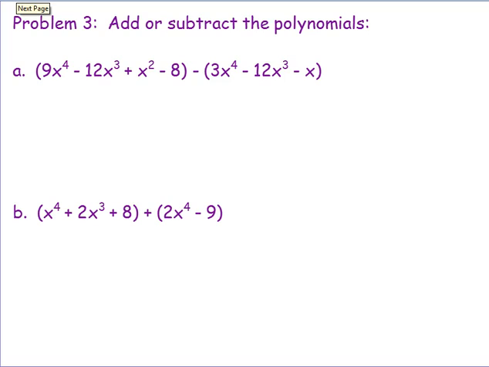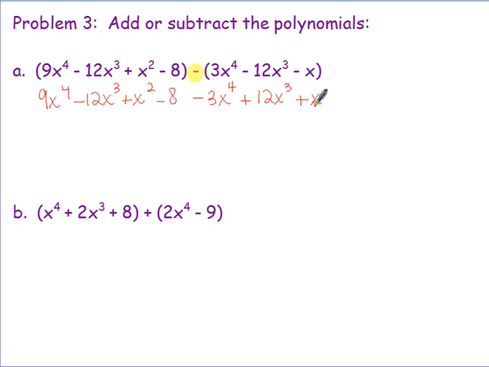So let's see how you did. First problem was a subtracting problem, so keep this one the same, do the opposite of these. So negative 3x squared, x to the fourth, plus 12x to the third, plus x. We did the opposites.